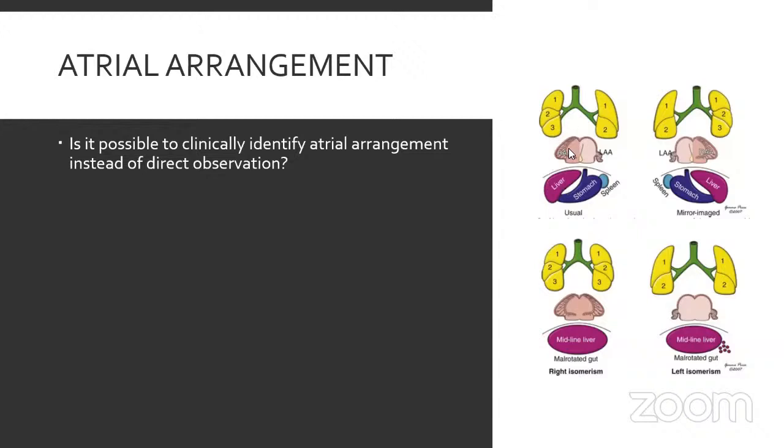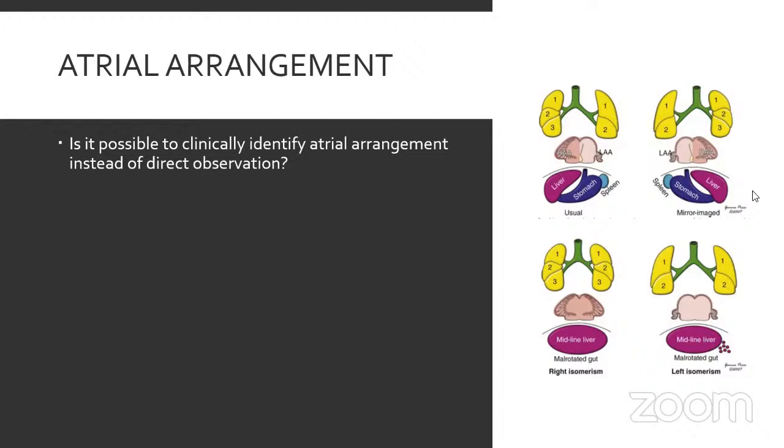However, when the atria are lateralized, meaning that we have a morphological left and a morphological right, such as in situs solitus or inversus, you'll find the liver on the right side, and we have trilobed lung in cases when there's the morphological right atrium on the right side.